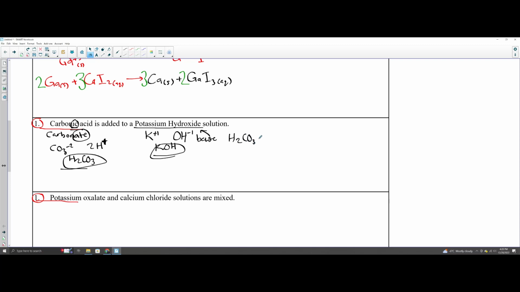Okay, so now that we've got the 2 reactants, let's lay them out. H2CO3, that's carbonic acid. It's aqueous. Plus aqueous potassium hydroxide. This looks like a pretty simple neutralization reaction, base and acid mixed together. So we've got our potassium swapping for a hydrogen. And that's going to create, of course, water, H2O, liquid.